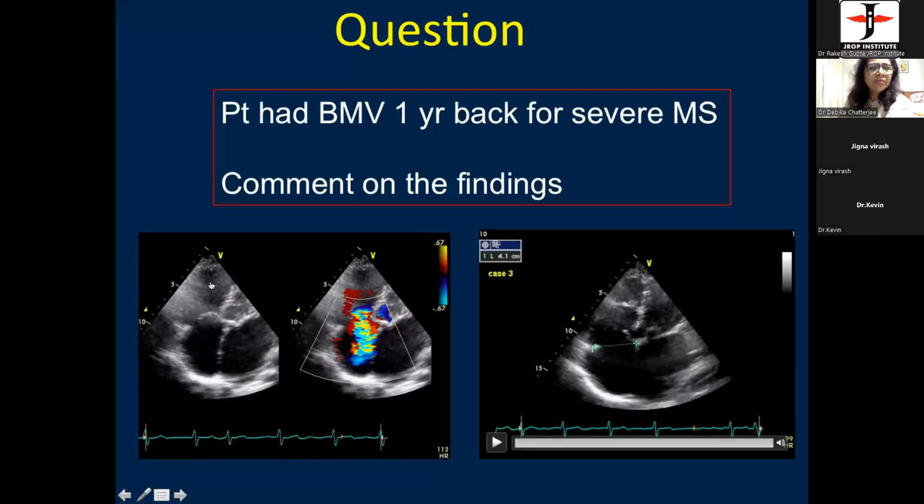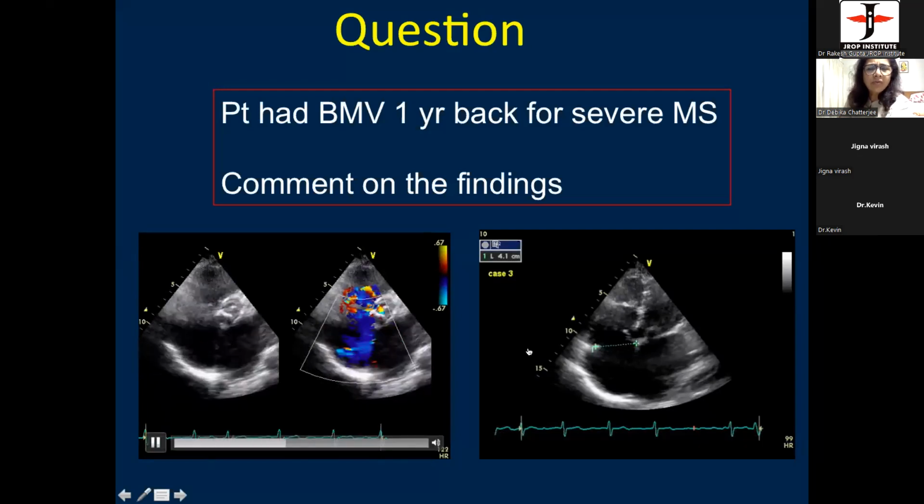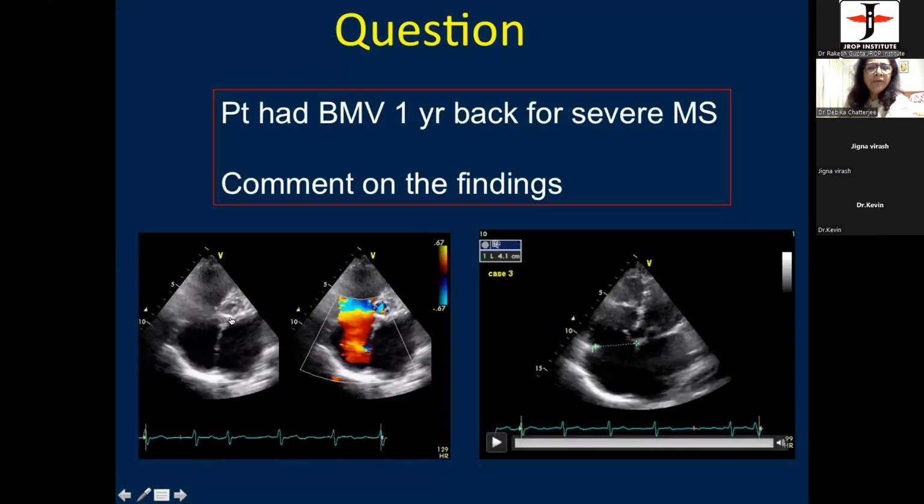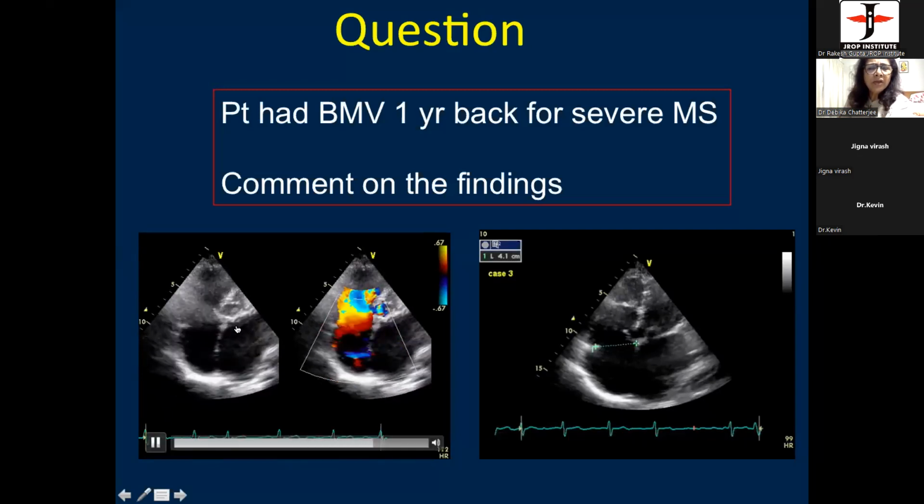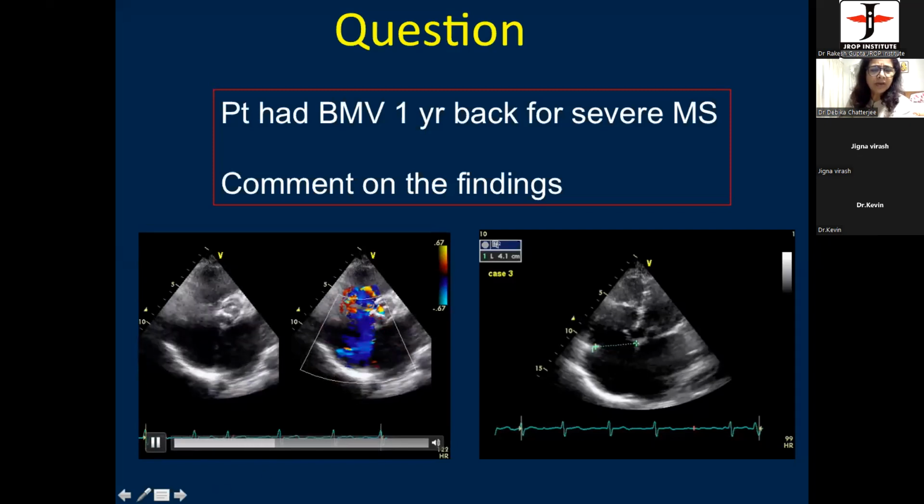Look at the tricuspid valve leaflets. They are structurally normal. So whoever assessed this patient neglected the tricuspid valve regurgitation. The patient had severe TR, which was not taken care of, so the patient has landed up with shortness of breath again.